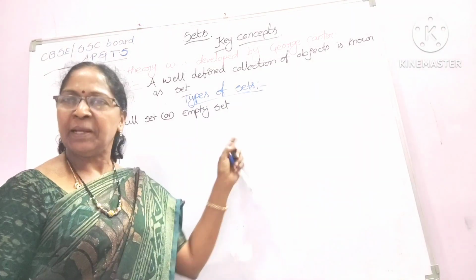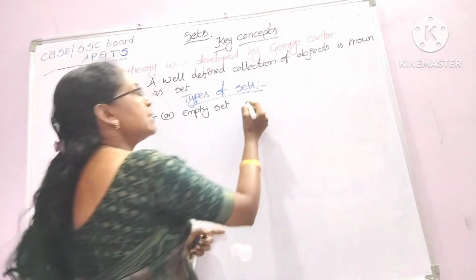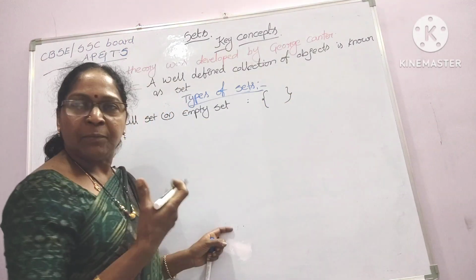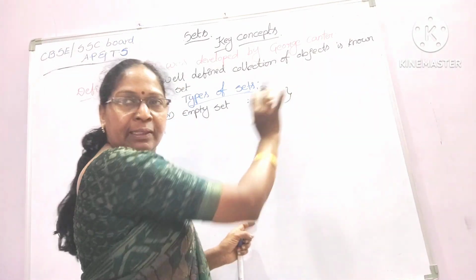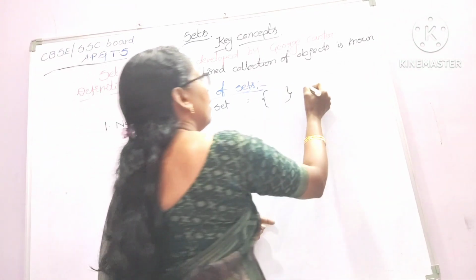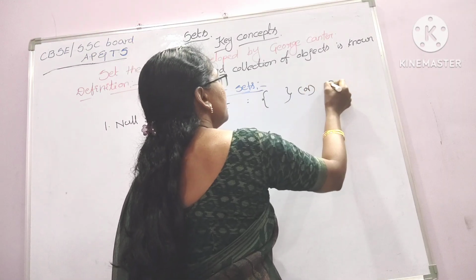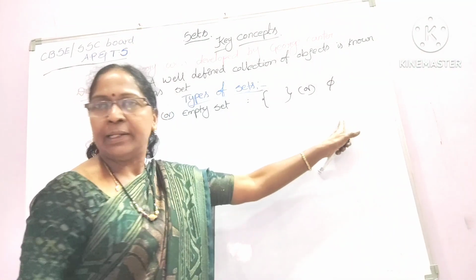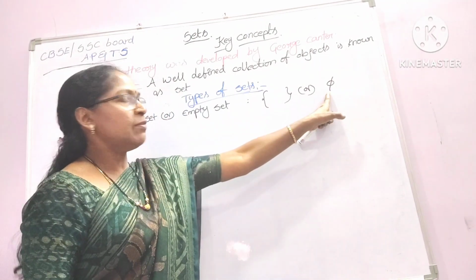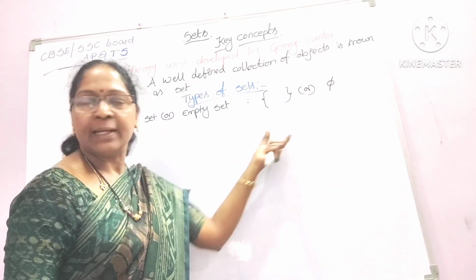Null or empty means nothing, no element in the set. Null is nothing but nothing. Like this only, with the curly bracket you have to represent, or you can represent it by the symbol phi. So, a null set can be represented by the symbol phi or with only curly brackets.